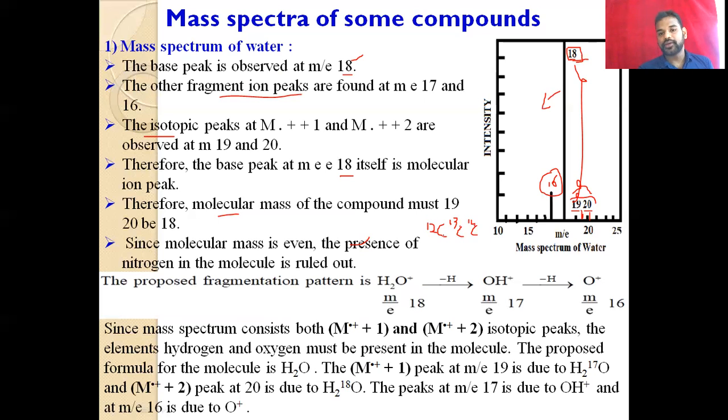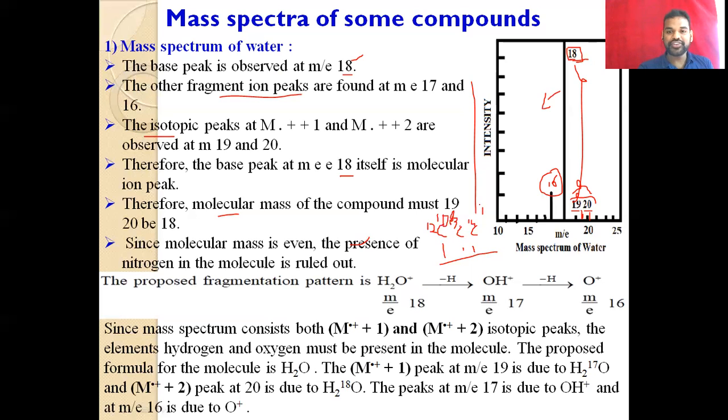Just imagine if we have three peaks in a spectrum, then carbon 12 is highly abundant in nature. That means in 100 grams of carbon, only 1 to 0.1, a very limited, negligible amount of carbon 13 is present. So carbon 12 gives the highest intensity, but the intensity of carbon 13 is very negligible compared to carbon 12.